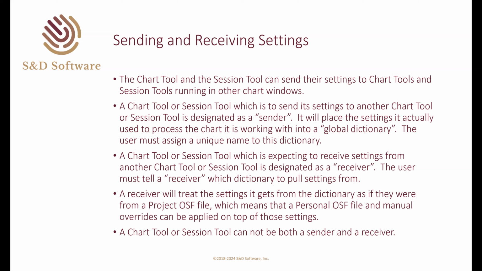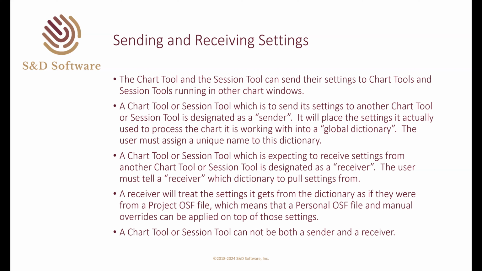Now, the way this takes place is that the sender will take his settings and he will package them up as OSF files. And he's going to package them up as project OSF files.